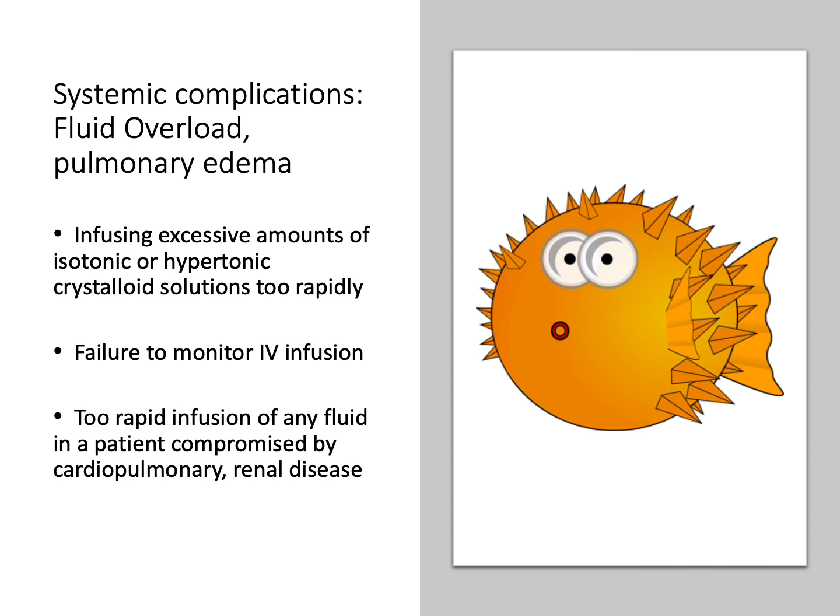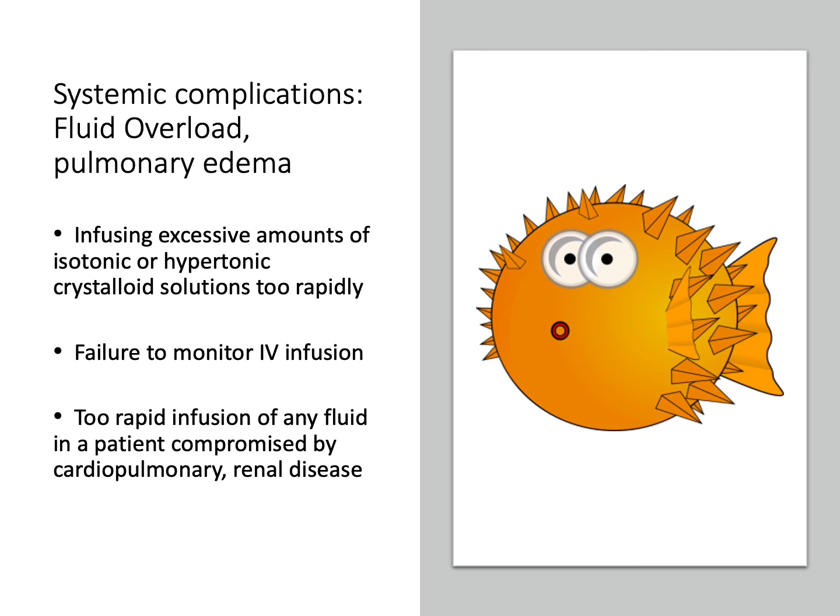So paying attention to our infusion rates, making sure they're accurate. Also paying attention to what types of solution we're giving. Isotonic fluids and hypertonic fluids, we know, stay in the circulatory system. With our hypertonic, it's drawing the fluid out of the cells into the extracellular space.